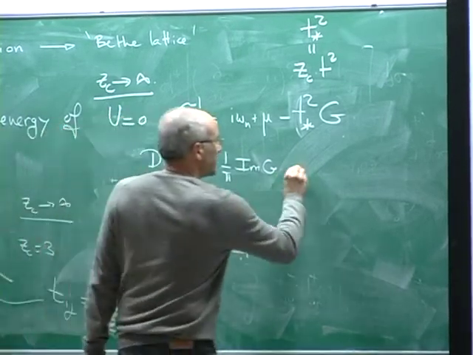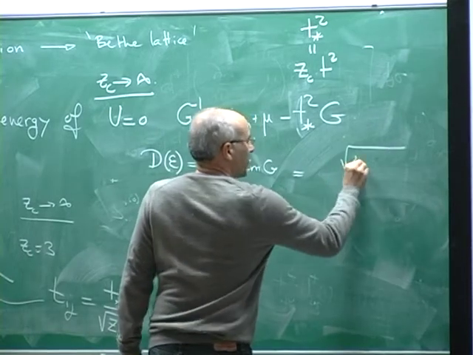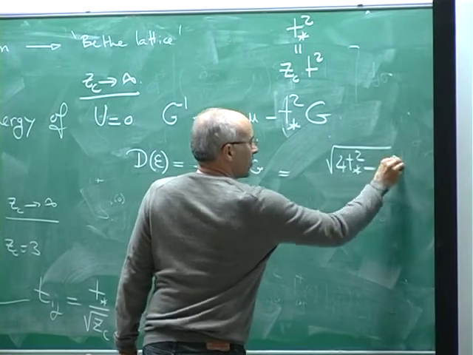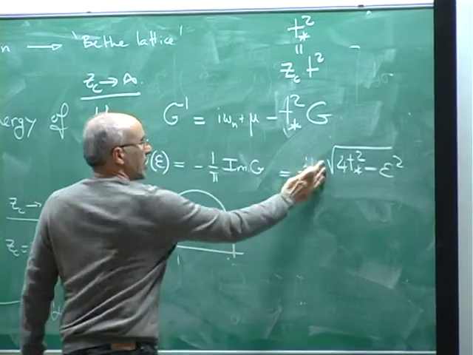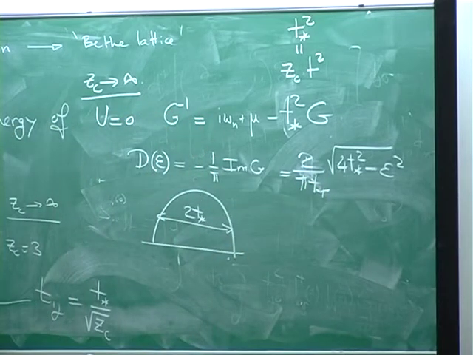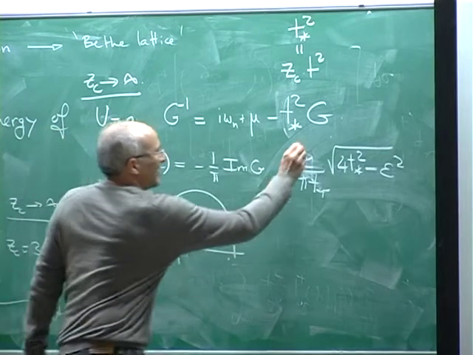So it is something which is the square root of 4t star squared minus epsilon squared with an appropriate normalization, which is probably 2 over pi t star, if I remember correctly. I'm not sure. Doesn't matter.